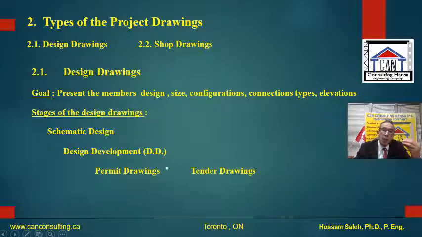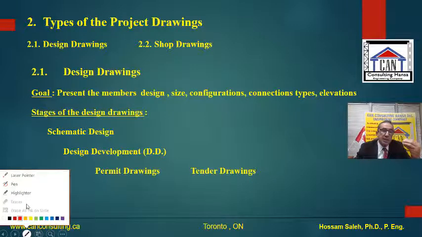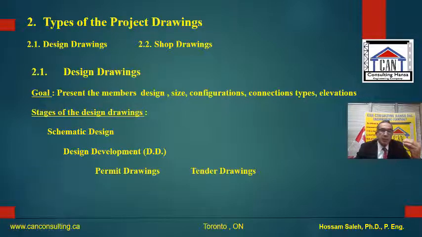And when we apply to the city, we wait some time to get the approval of the city, or sometimes they have questions. Now, in this case, we are working on the tender drawing. So we have the drawings with a specific accuracy, good enough for the city, and we create more details for this drawing.